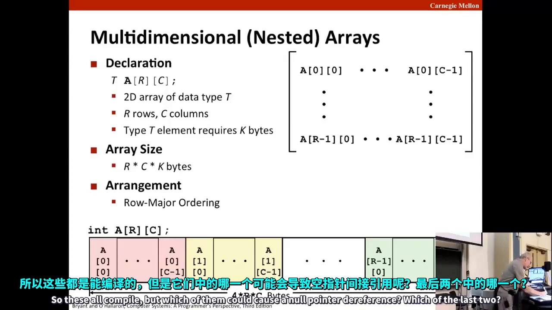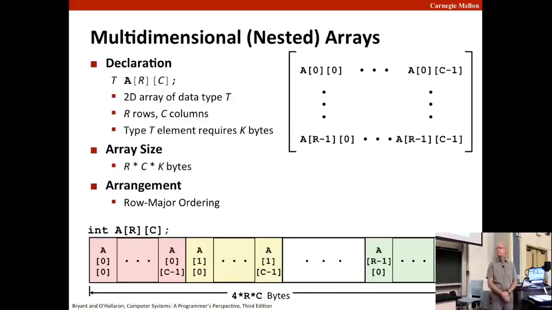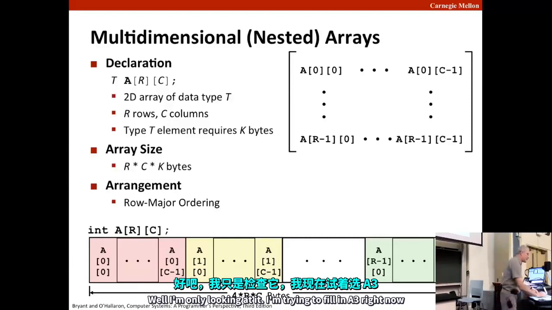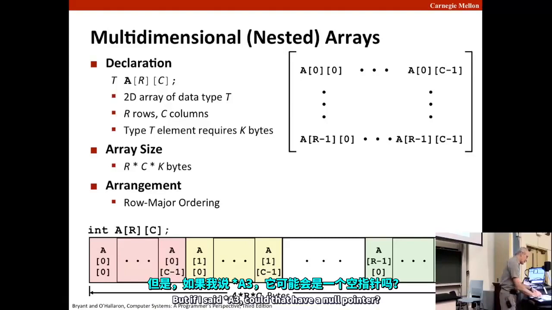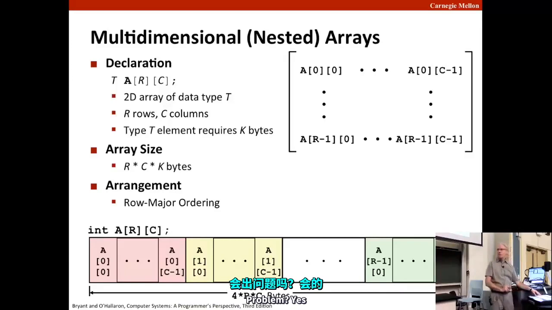So these all compile, but which of them could cause null pointer dereferences? Which of the last two? Yes? You can flip coins. Well, I'm only looking at A3 right now. So A3 is fine. But if I said star A3, could that have a null pointer problem?